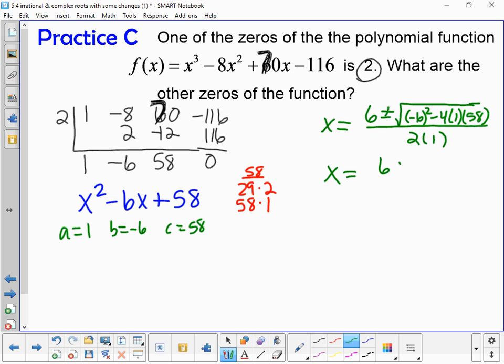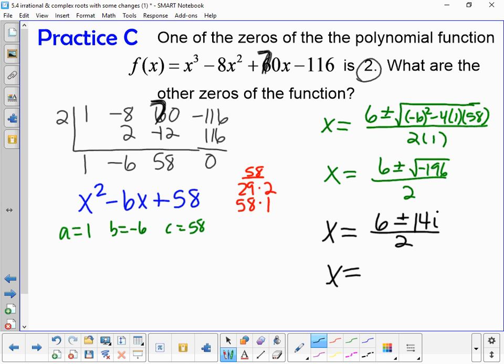So we have 6 plus or minus, our radical here is negative 196, so we know we're going to have an imaginary solution. The square root of 196 happens to be 14, so this is the same as 6 plus or minus 14i over 2.